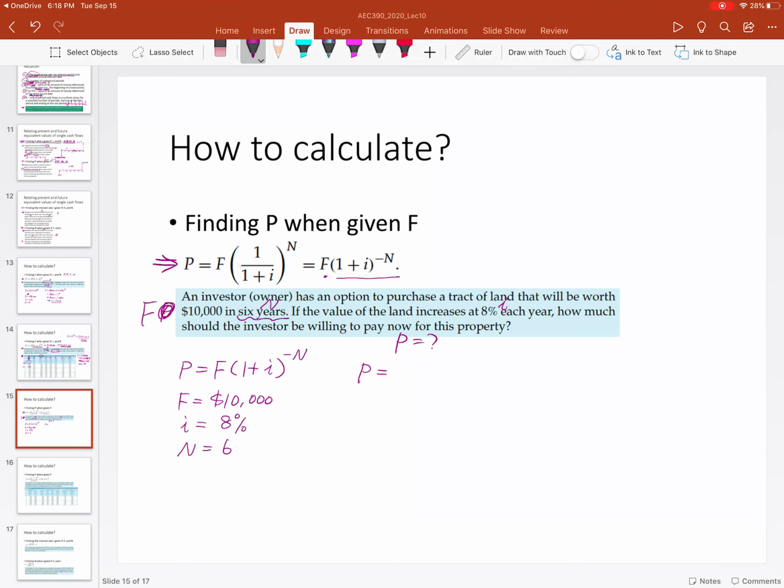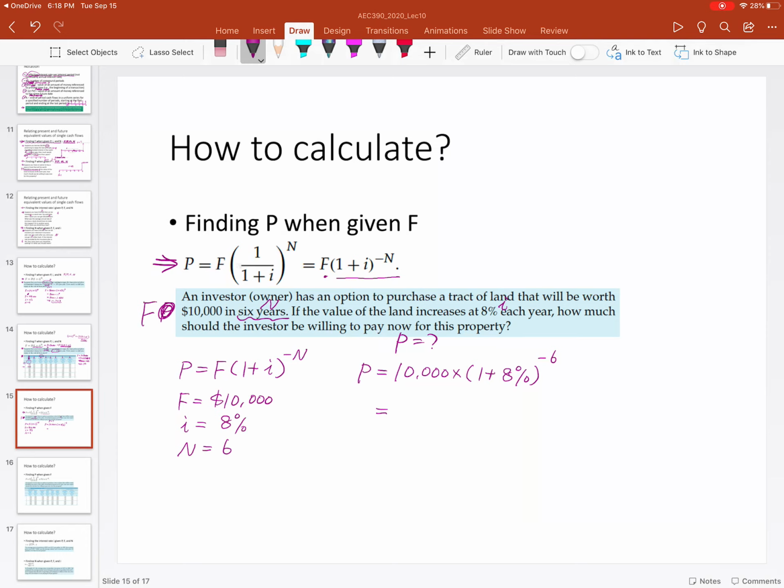So the P is F, we just substitute the values, okay? So 10,000 times (1 plus 8%) to the power of negative 6.